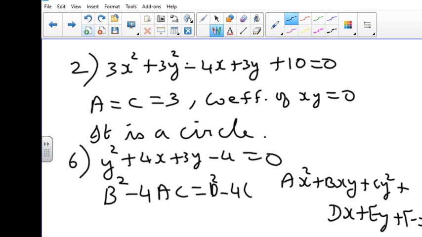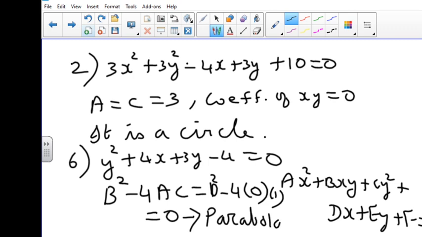So 0 square minus 4 into a, which is 0, and C is 1. So we get it is equal to 0. So it is a parabola.